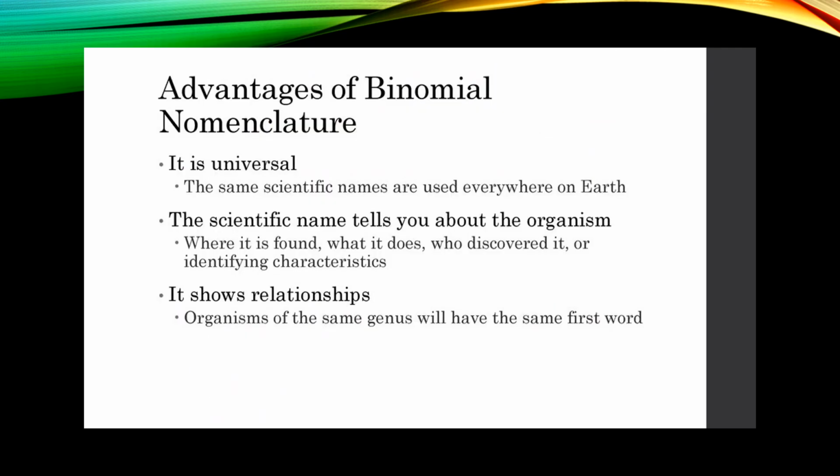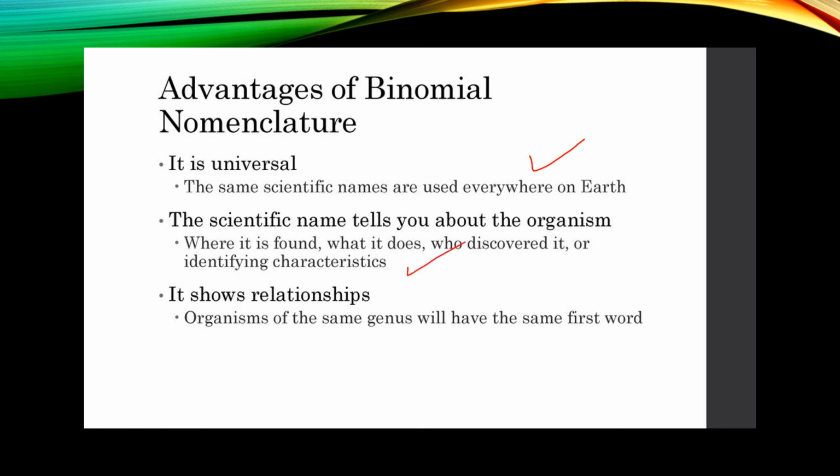Next, what are the advantages of binomial nomenclature? It is universal; that is, it is accepted worldwide. Second, the scientific name tells you about the organism, where it is found, what it does, who discovered it, as well as its characteristic features.